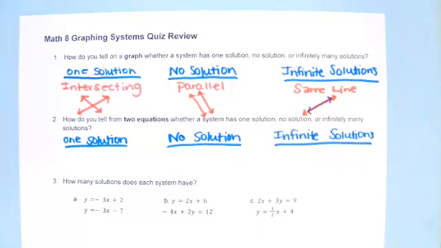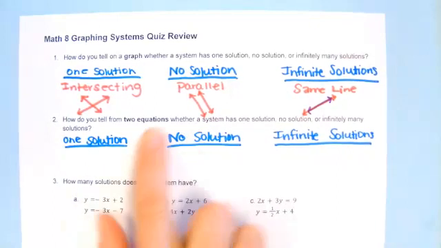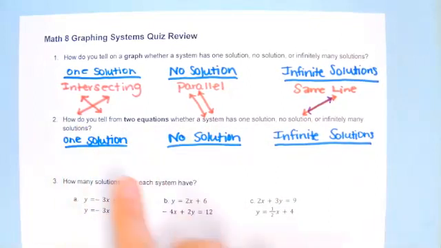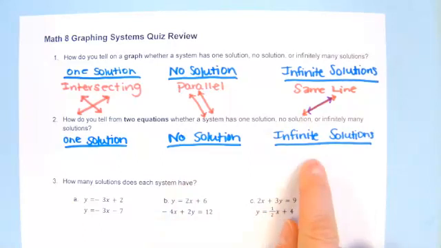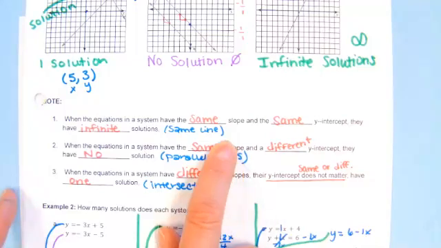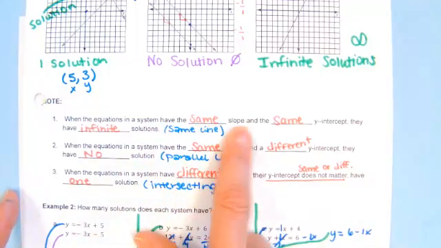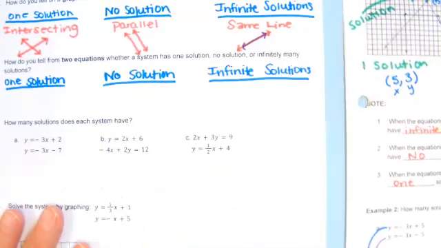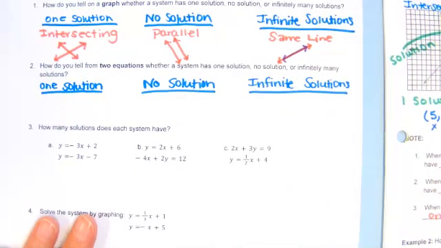On the same sort of situation, we were able to tell from two equations whether a system has one solution, no solution, or infinite solutions, without actually looking at the graph. On our notes, that was the next section. It says, when equations in a system have the same slope and the same y-intercept, they have infinite solutions, so we want to write that in here.